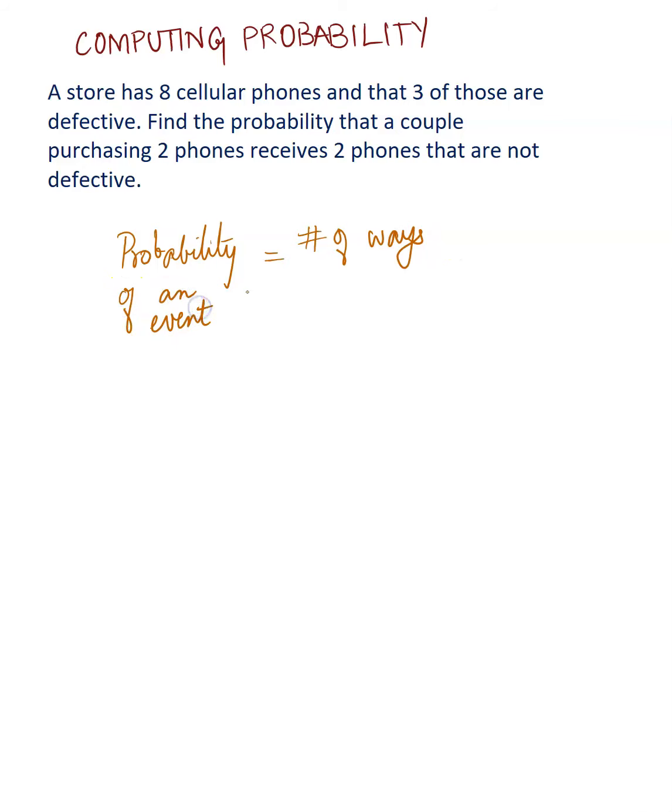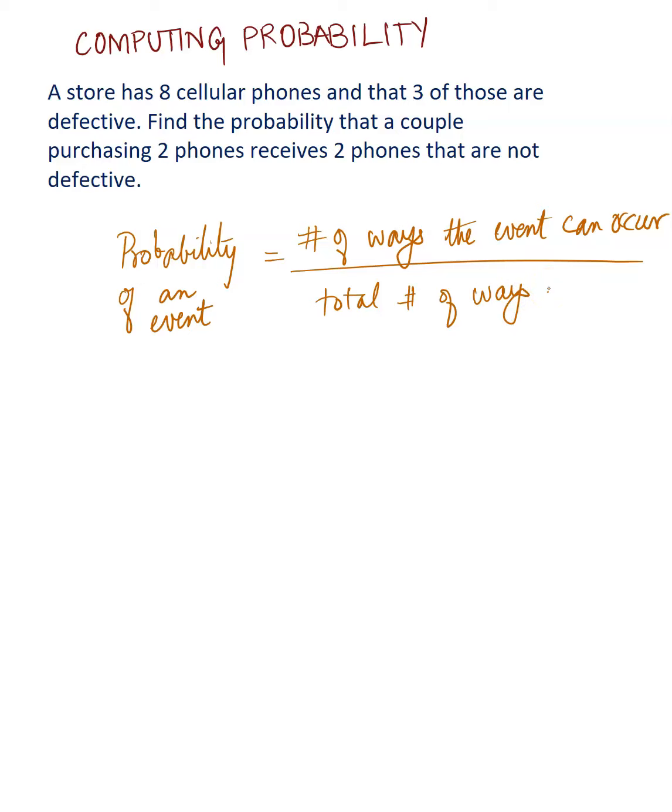The probability of an event is the number of ways the event can occur, divided by the total number of outcomes that are possible. This is how we write our probability. That's the fraction it gives us.